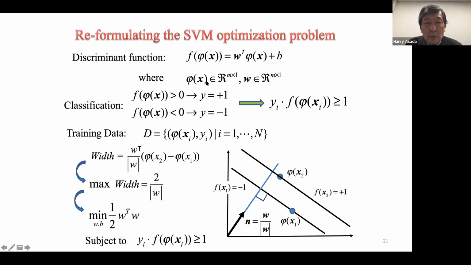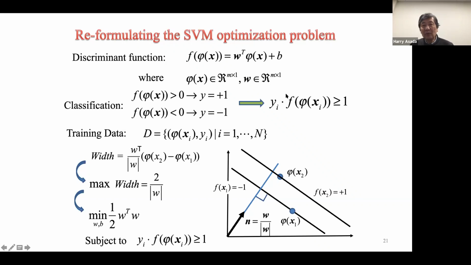So we can do the same thing with the discriminator functions. If the sample is higher than the border, it takes +1; exactly on the border, it takes +1; and on this side, -1, and so forth.